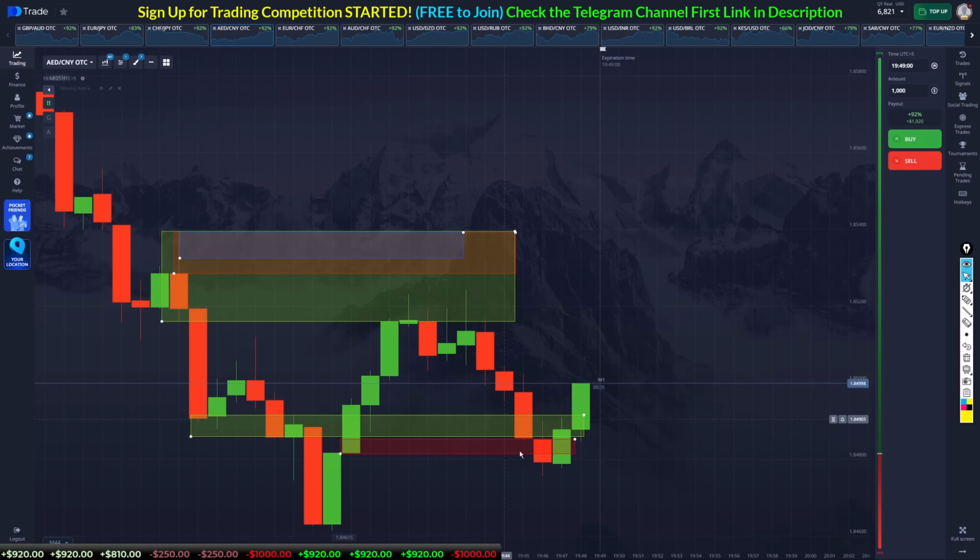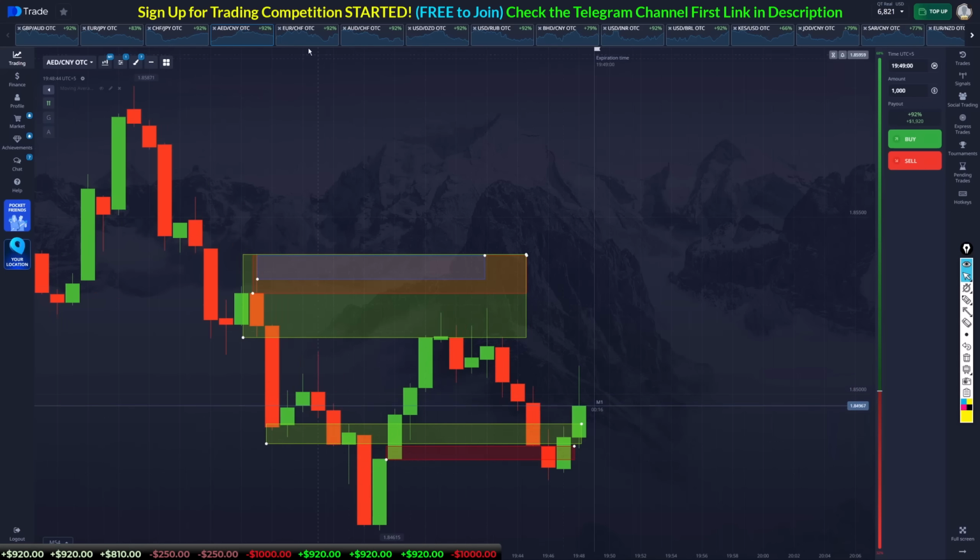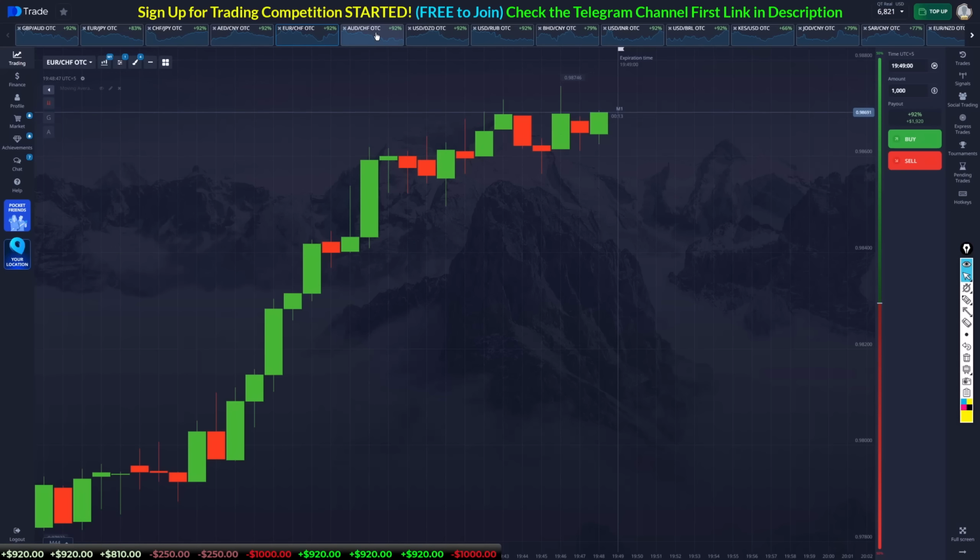But my trade was on this candle, and it was a losing trade because I didn't notice that this candle is already closed, and I took my trade when I was in the lower time frame. So it opened my trade on this candle, and that was the reason behind this loss. Okay, it could be a winning trade, but it was a losing trade, and that's fine for me.